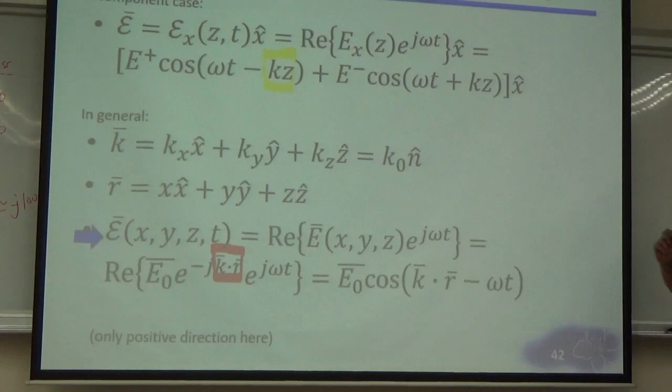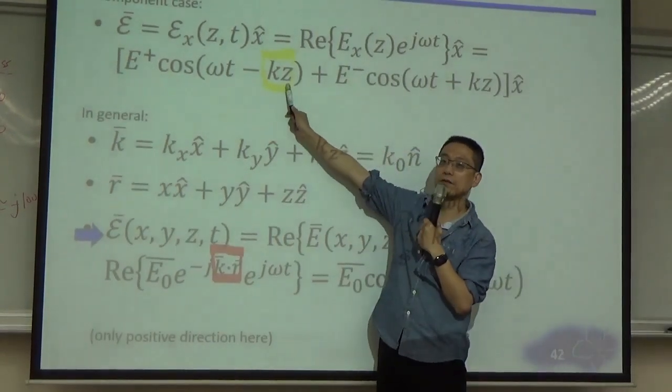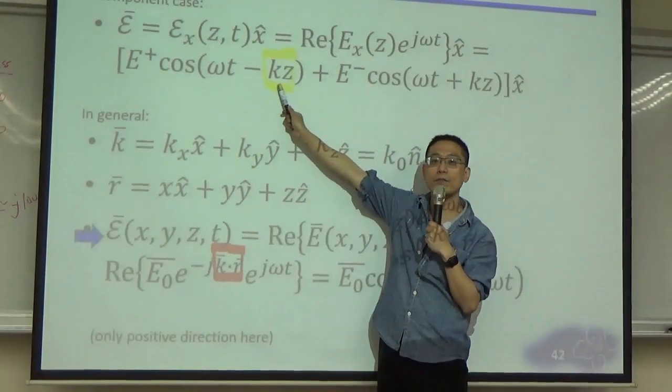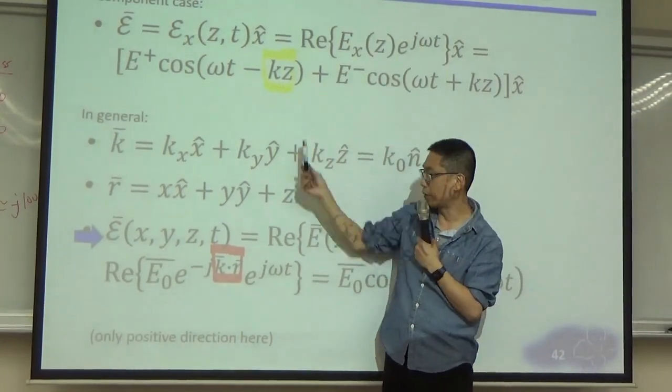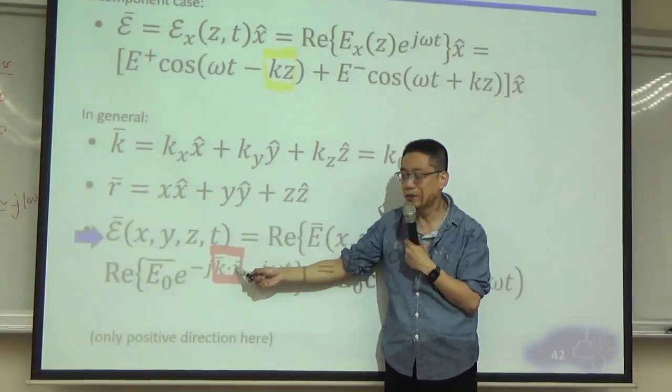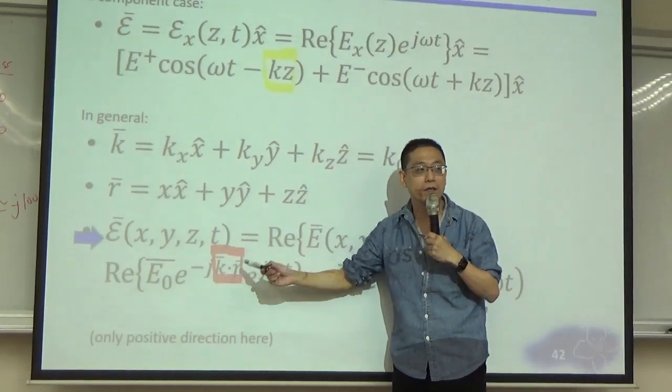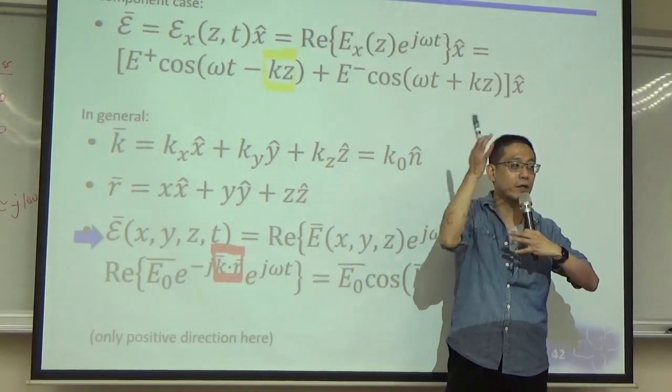This is an easy case. It only travels in the z direction, and the result is going to x. But for here, you consider x, y, z, the result of x and y and z.